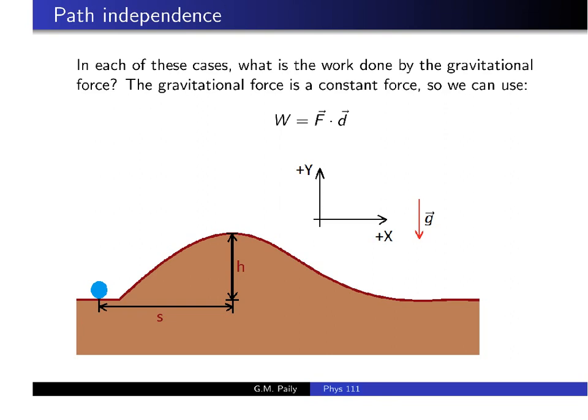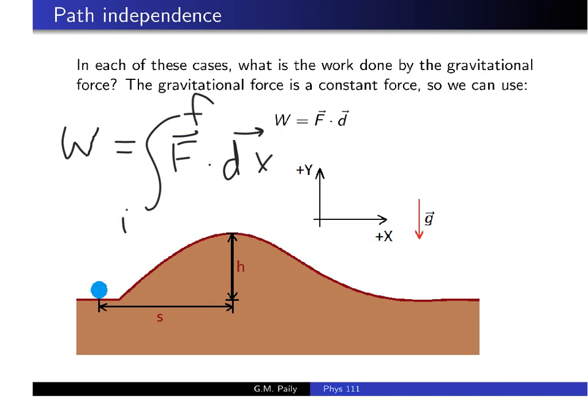And if in each of these cases I calculate the work done by the gravitational force, how can I do that? Well, we know that work is the integral of F dot dx from initial to final. But if the force that is acting is a constant force, we can simplify this into just F dot d.